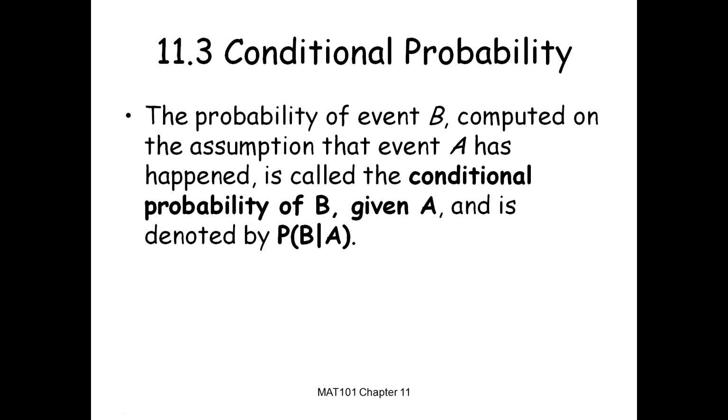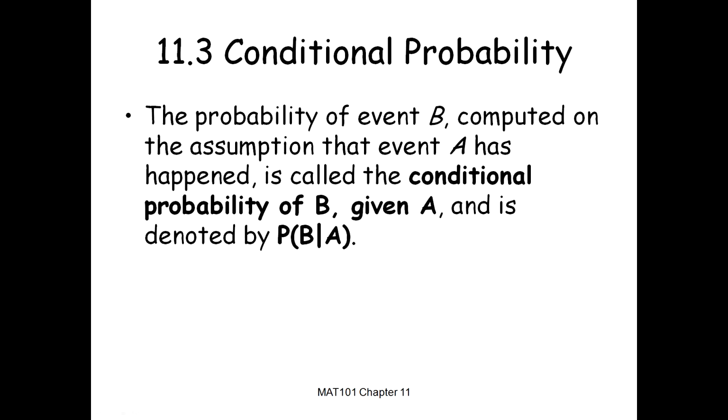Now in section 11.3, we talk about conditional probability. What happens here in conditional probability is that one event is contingent on another event. So this is written like this.